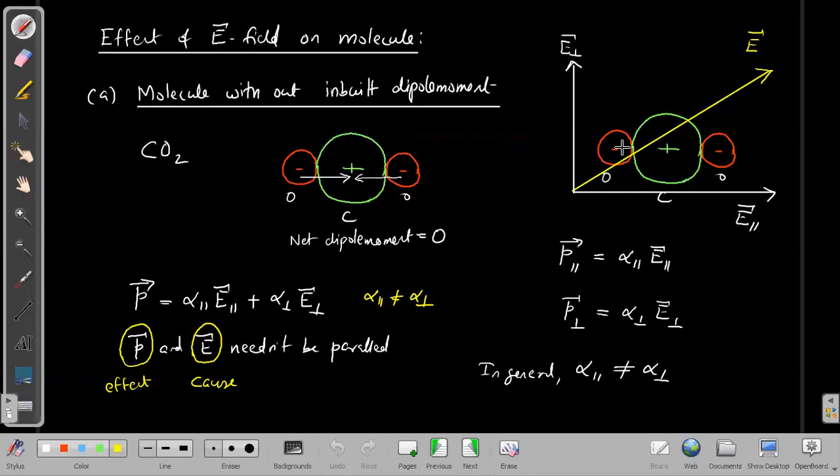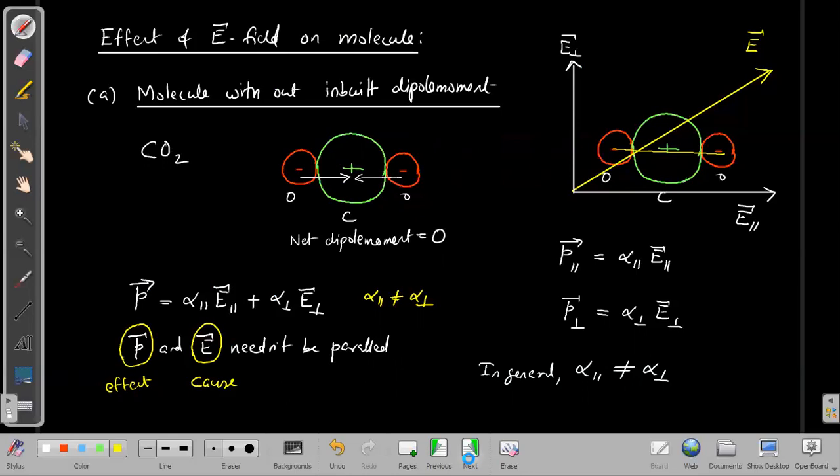This is the direction of the bond here; the bond is along this direction. If you apply the electric field along this direction, the effect would differ from the application of the electric field perpendicular to the bond. So in general, P and E may not be along the same direction.